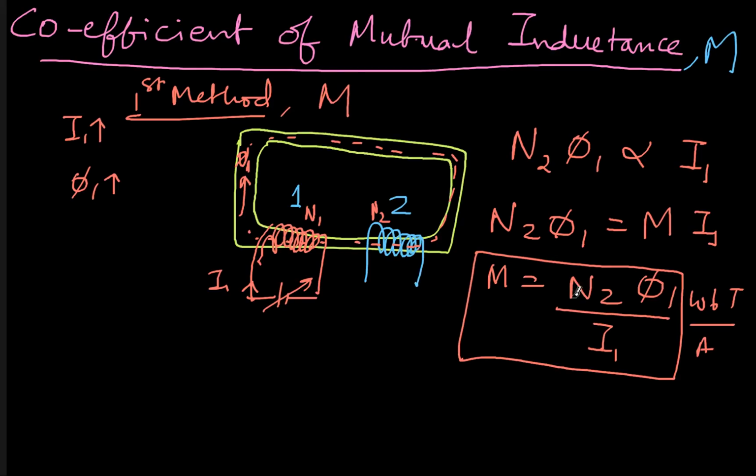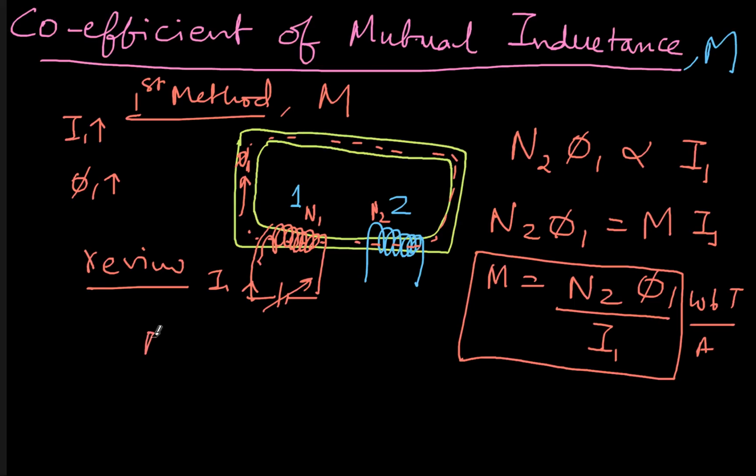It is the flux linkages in coil 2 because of the current in coil 1. If you imagine that statement, then you can naturally write M is N2 into phi 1 by I1. Incidentally, at this stage, this is just for review. There will be inductance in coil 1 also.